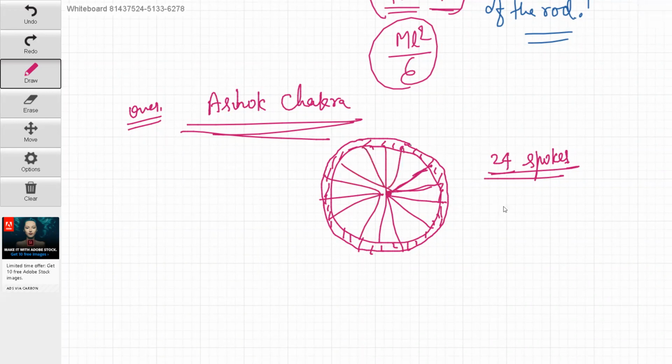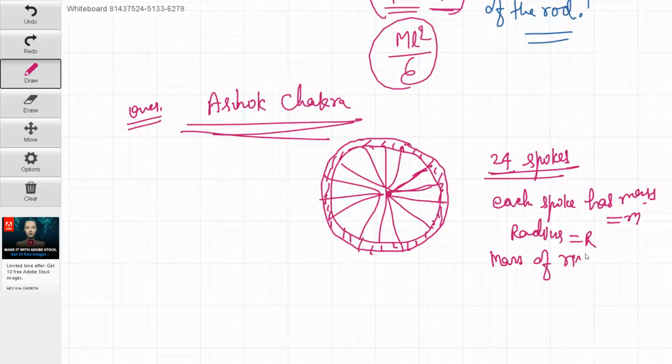Each spoke has mass equal to m. The radius of Ashok Chakra is capital R, and the mass of the ring, there is a ring in Ashok Chakra also, is equal to 3m.